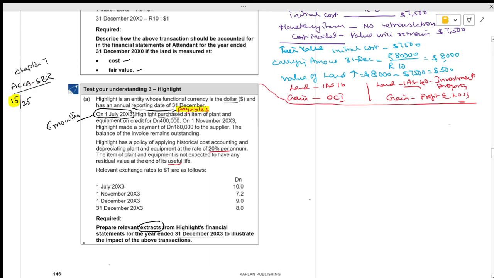Now, the solution. That's step 1. This is the way I will teach: I will put it stepwise so that it will be easy for you to understand. They purchased on 1st of July and paid on 1st of November.